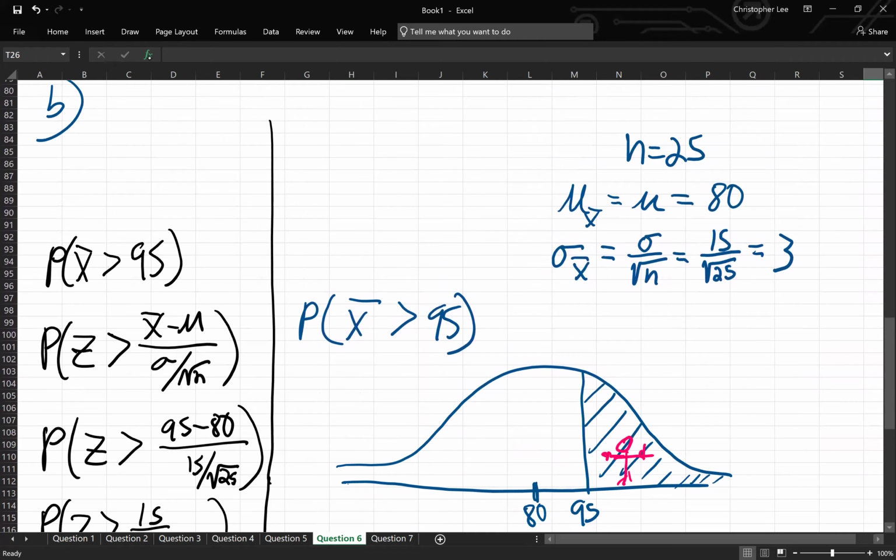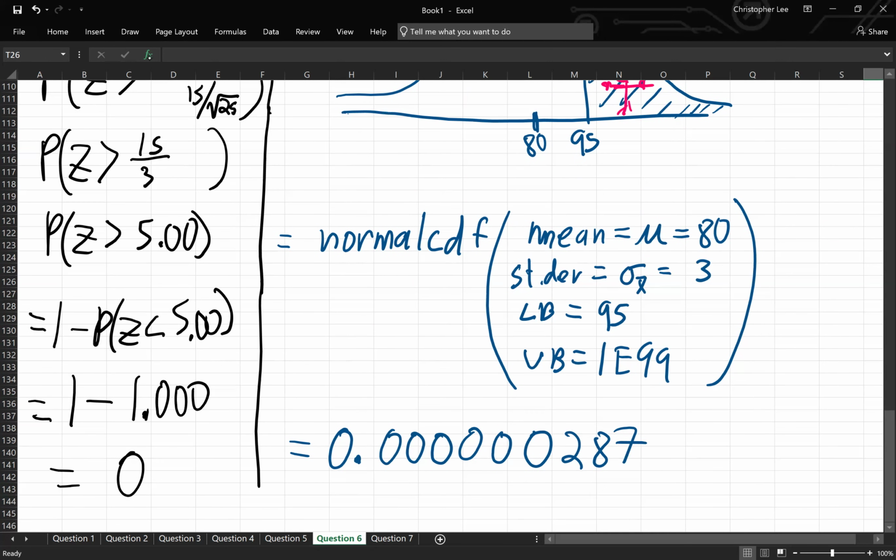Okay, so whenever your z value, like in this case, our z value is 5.00, whenever your z value is bigger than 3.49, we use 1 to approximate the area to the left of it.